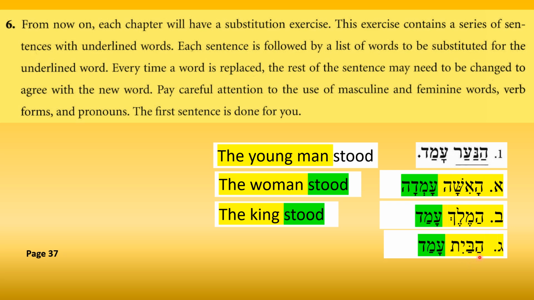Next substitution, for the young man, we're changing it to the house. Habayit. The house. So you have to determine, is the house masculine or feminine? Of course it is masculine. So you have a masculine verb to go with it. And then write that sentence translation out as well.